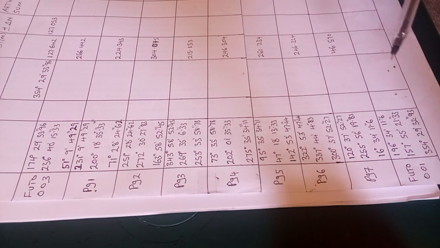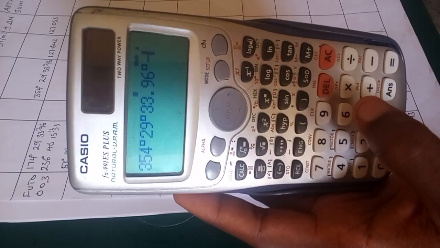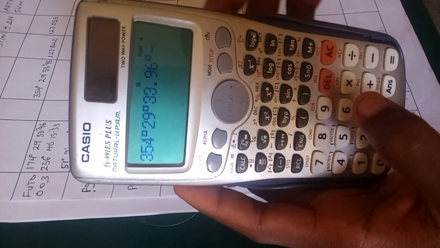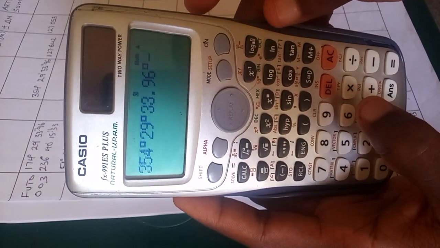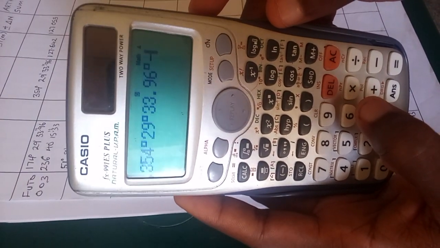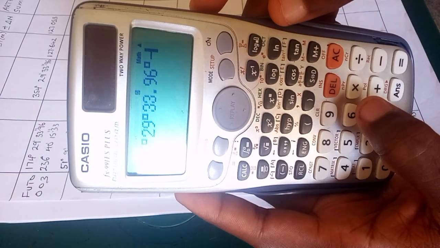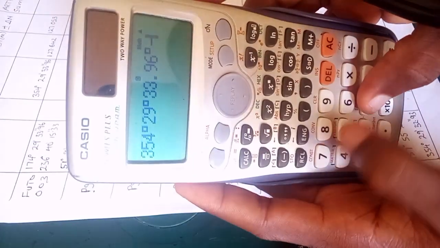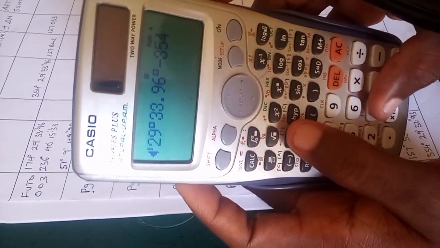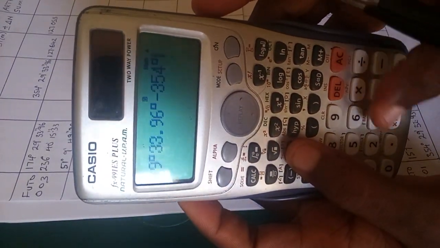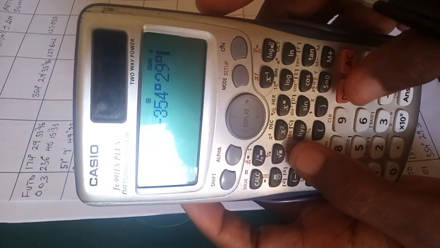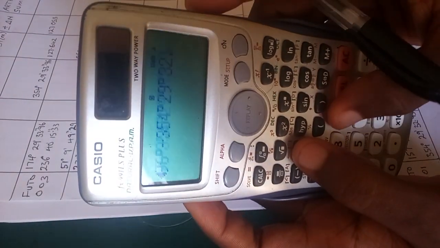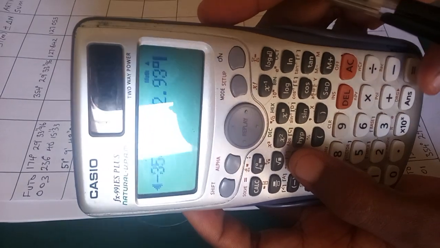So we are just going to punch that. It will be the correct bearing, 354 degrees, 29 minutes, 33.96 seconds, minus the uncorrected, 354 degrees, 29 minutes, 32.93 seconds.